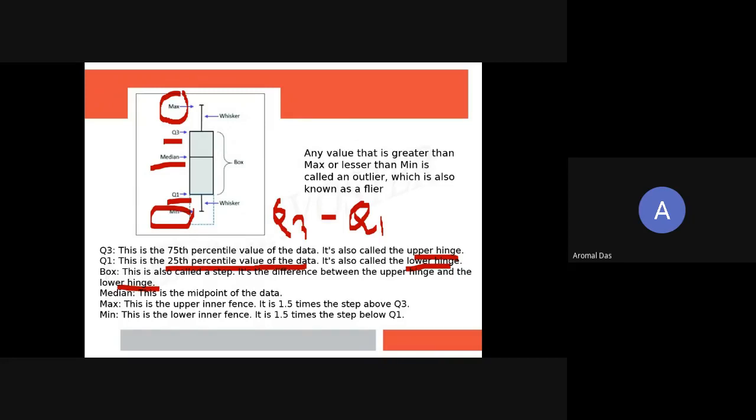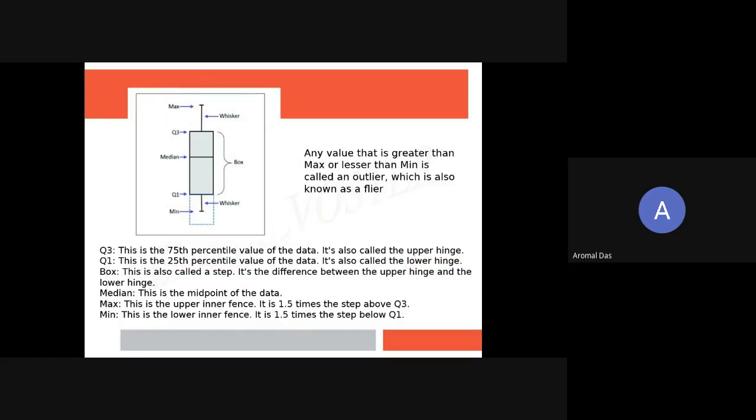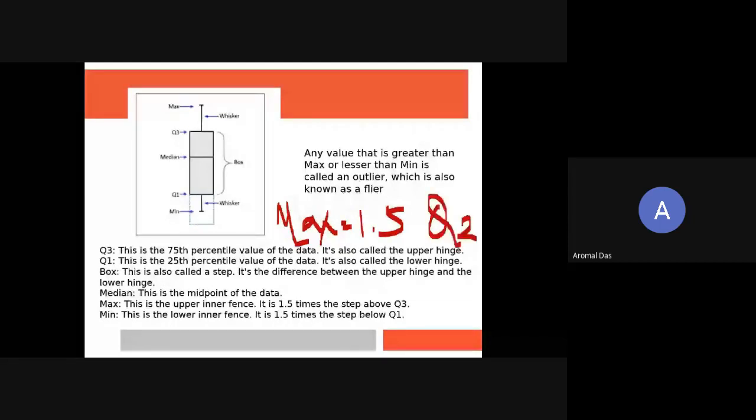So max equal to 1.5 times above Q3 and min equal to 1.5 times below Q1.